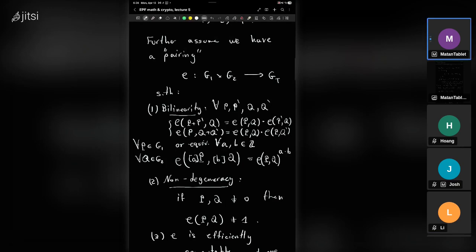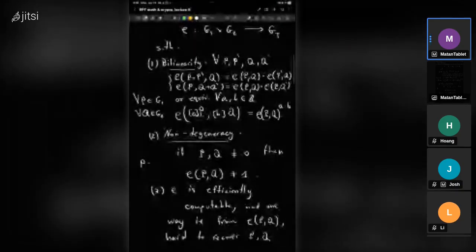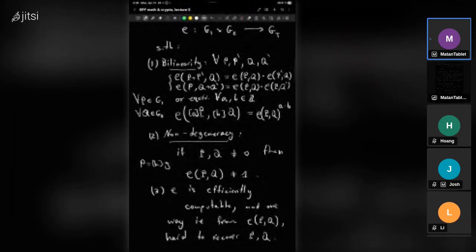Well, because P and Q live in a cyclic group, this would collapse everything, right? Because P is just some k times the generator, right?